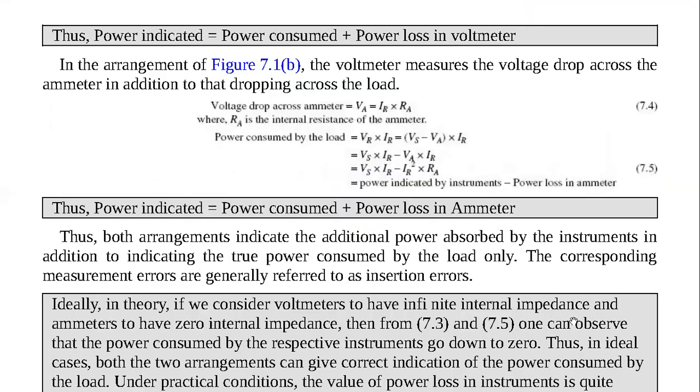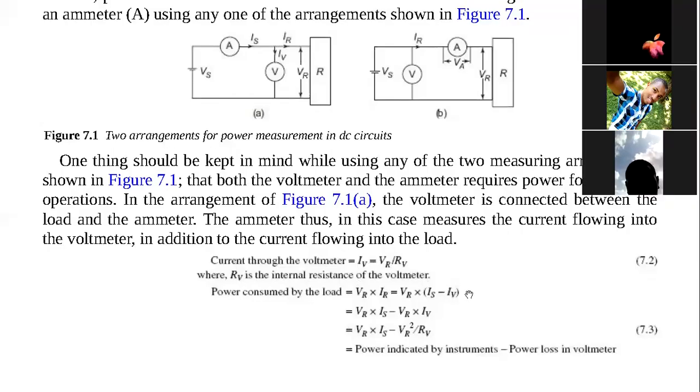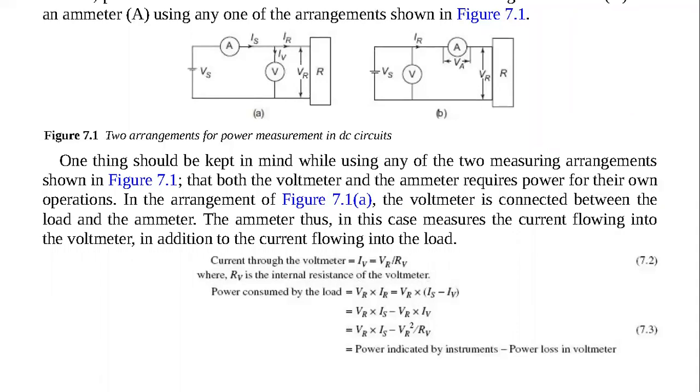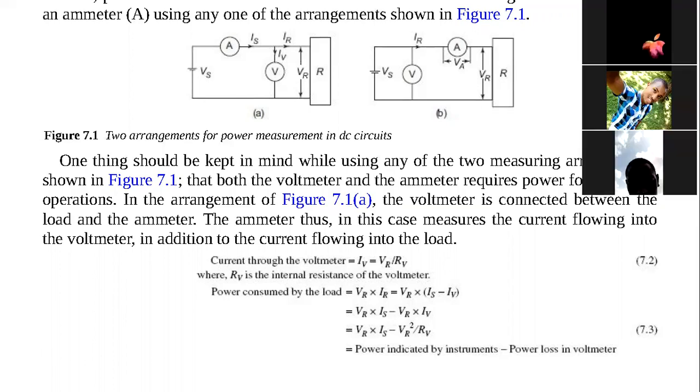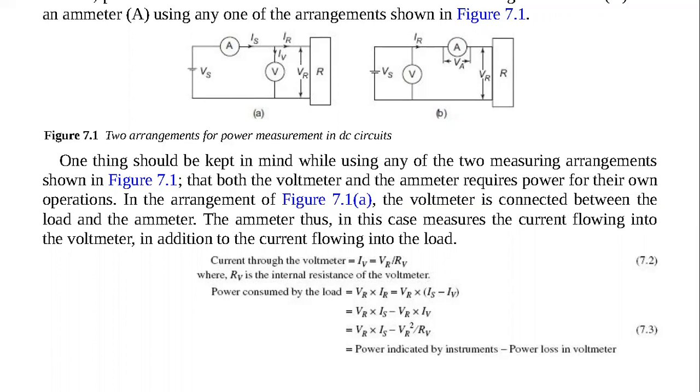Let us look at this explanation here, that power that is consumed by the load is equal to VR times IR, and this can be expanded further because we know IR will be the IS, that is the total current of the circuit, minus the current that is flowing through the voltmeter.